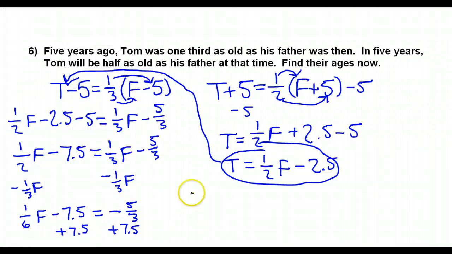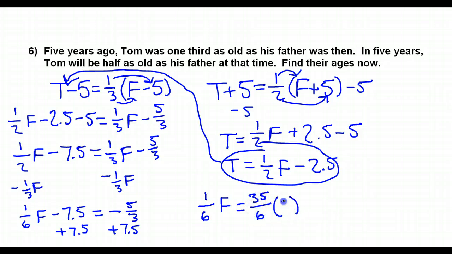So 35/6. She's multiplying by 6 to get rid of the denominator. So F equals 35.